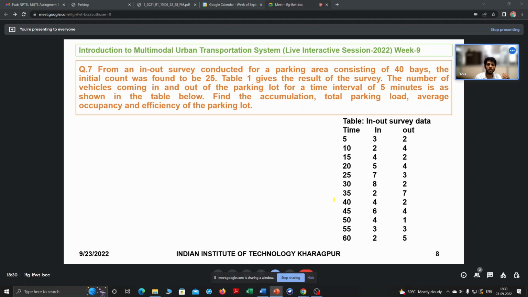As you can see, at each 5 minute interval, 5, 10, 15, and up to 60, in that 1 hour, how many vehicles are in for parking and how many are out is noted down. You need to find the accumulation of parking, total parking load, average occupancy, and the efficiency of the parking lot.